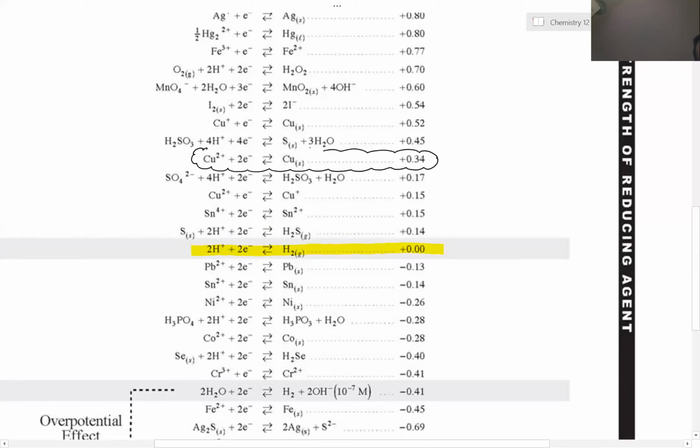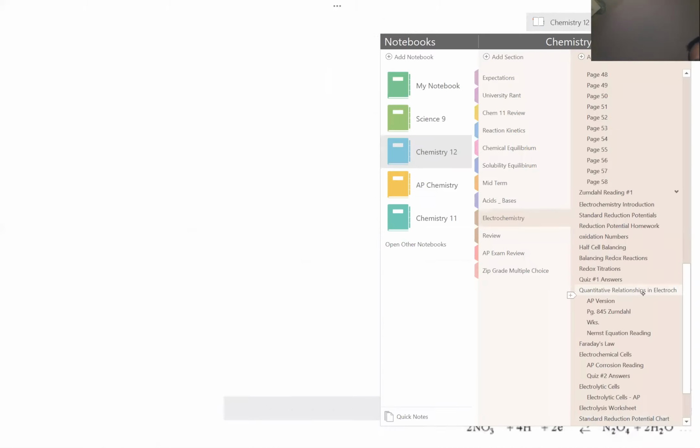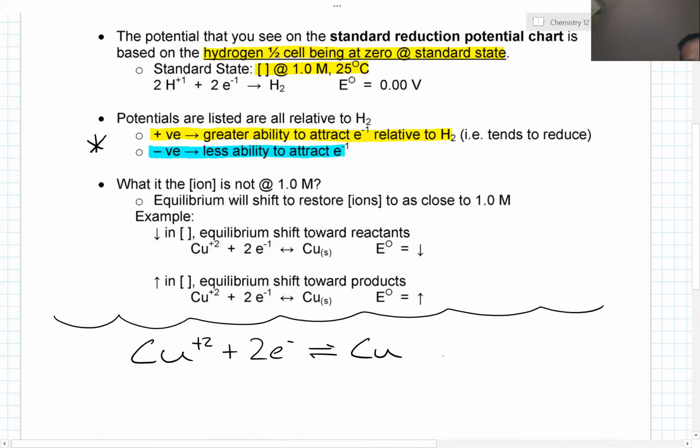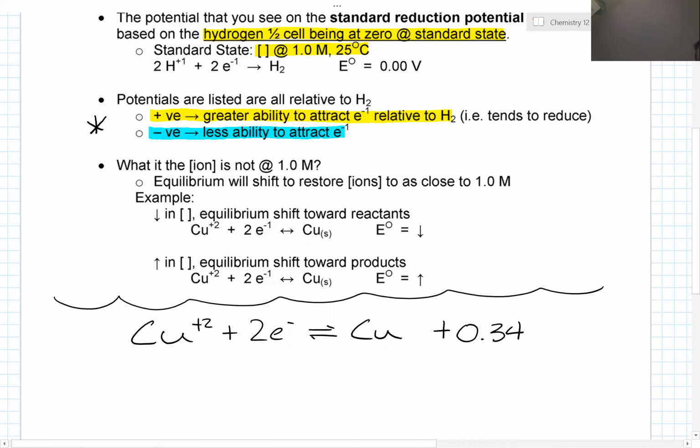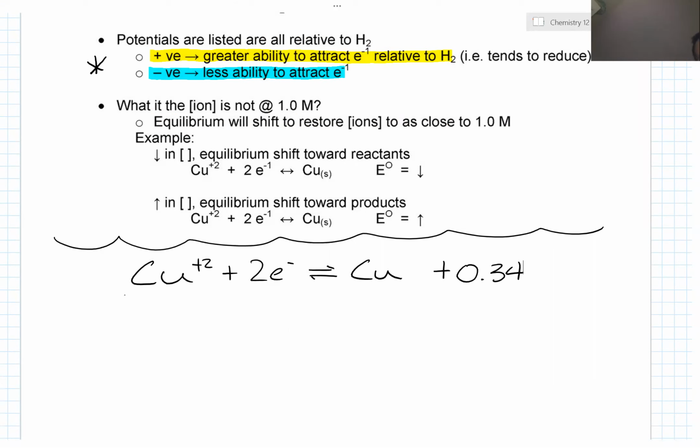Notice it is plus 0.34. So what you have is a voltage of plus 0.34.